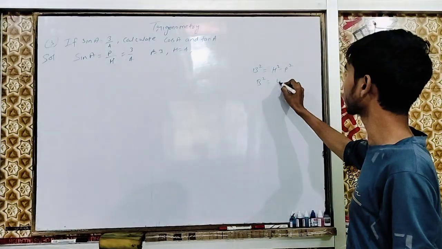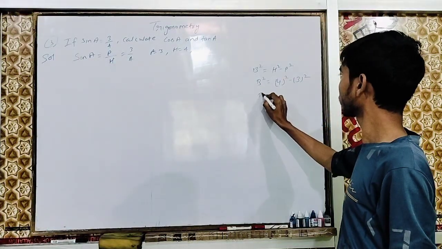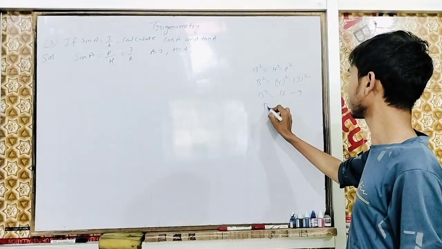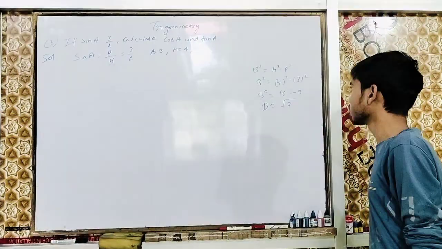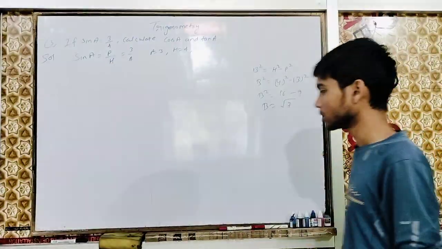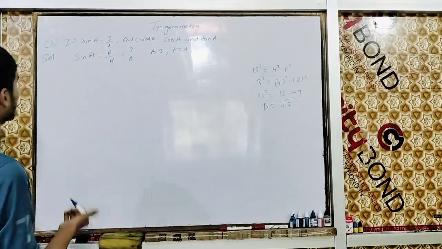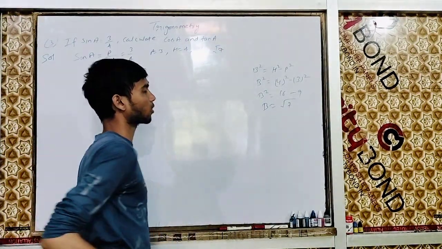Just put the value 4. Then P is 3. Simplify: 16 minus 9, it would come as 7. So we got B as under root of 7.